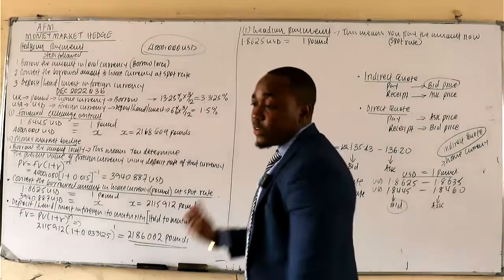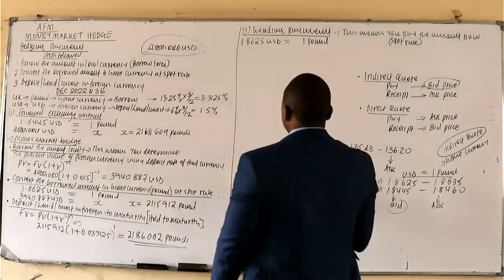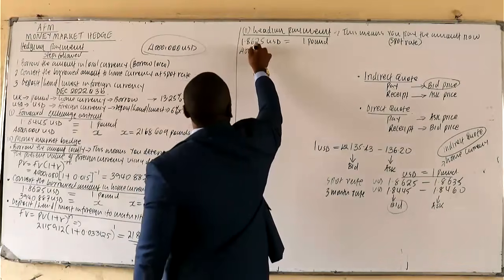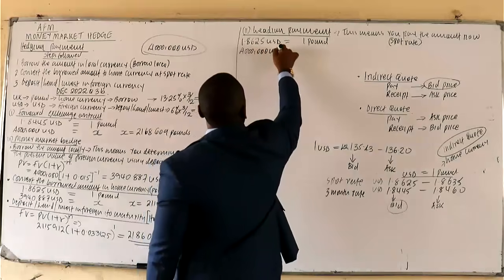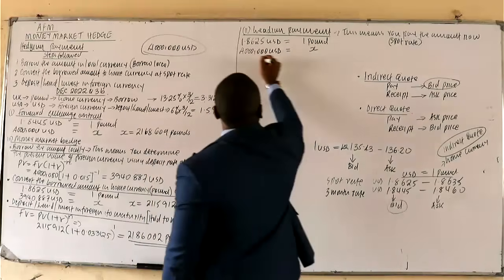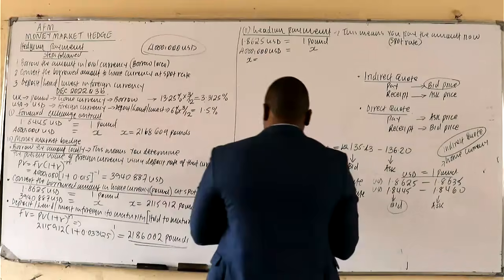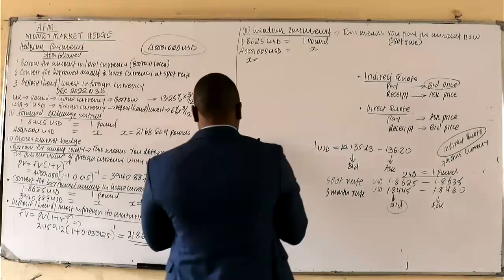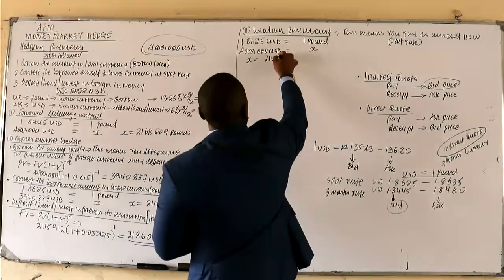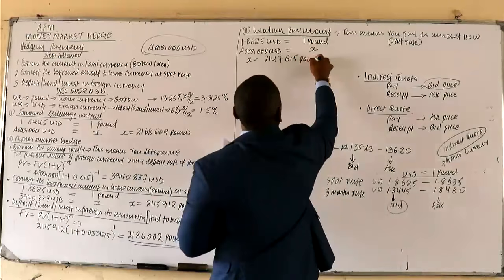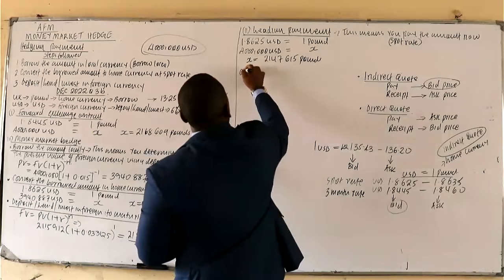Then how much are you expected to pay? You are expected to pay an amount of 4 million USD. So you just cross multiply. In that case, you'll get an amount of 2147,615 pounds.